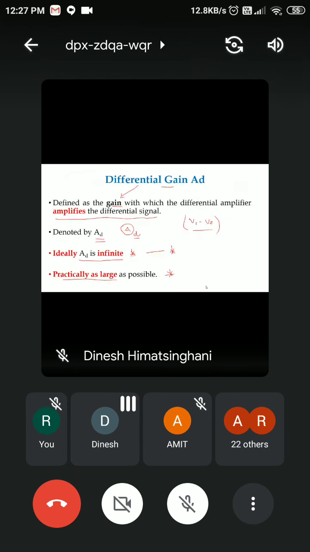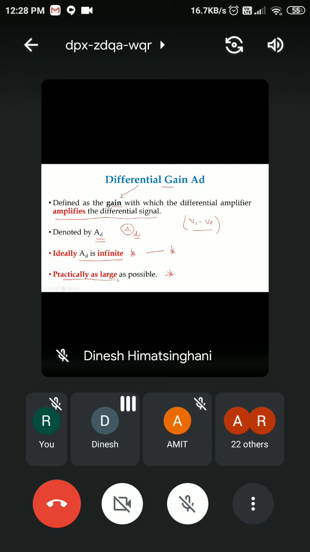One is the differential gain, the gain with which the differential amplifier amplifies the differential signal V1 minus V2. AD should be as large as possible. Ideally it is infinite, and practically it should be as large as possible.